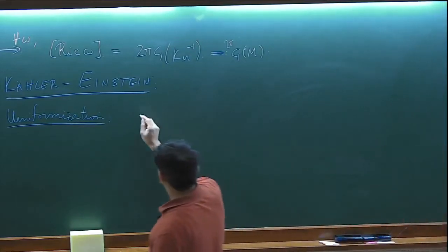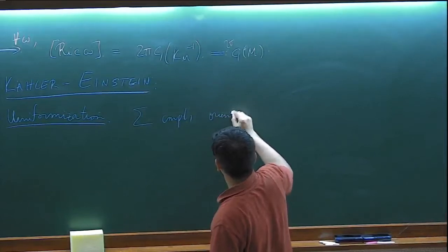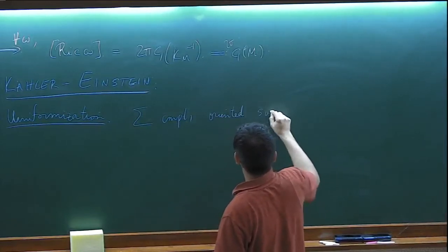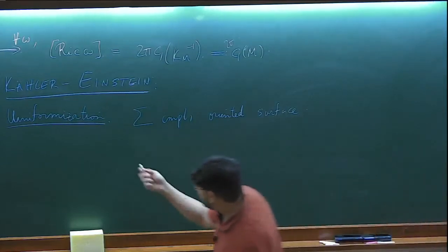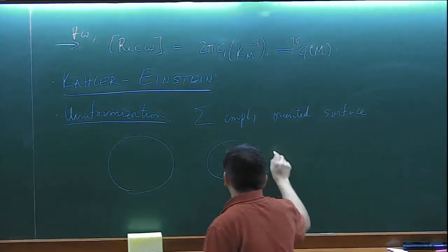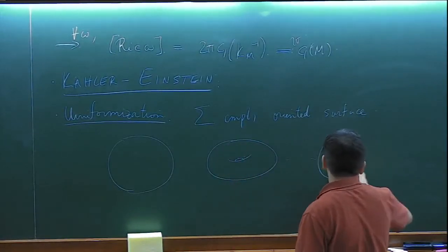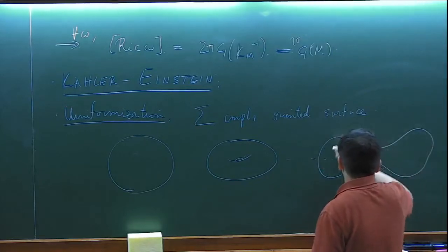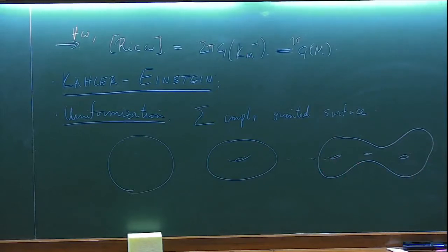So the idea is, suppose I take, let's say, a compact oriented surface. So then these are all classified. They're basically just either a sphere or a donut or some connected sums of these tori, right?